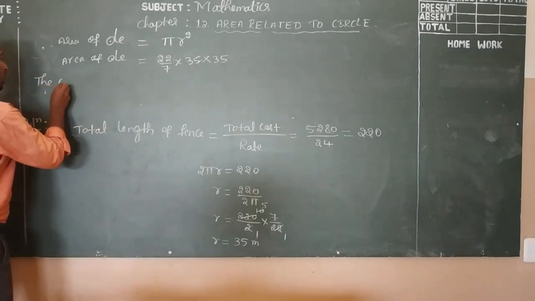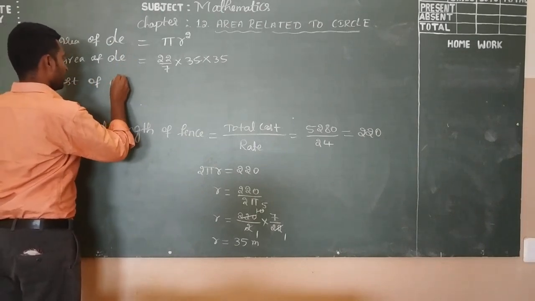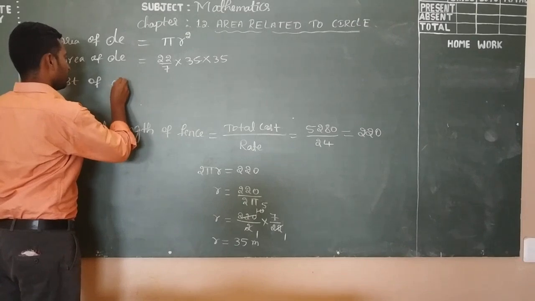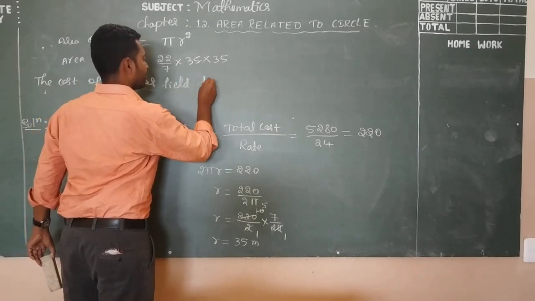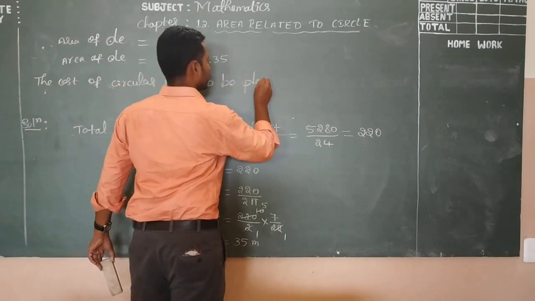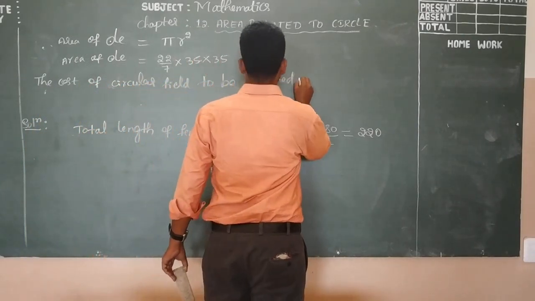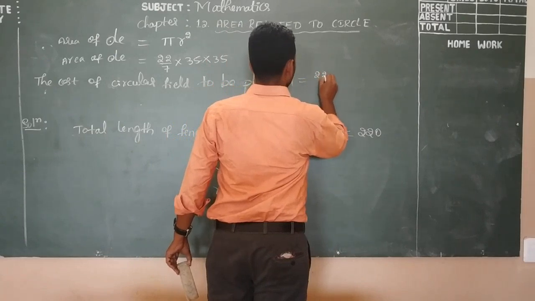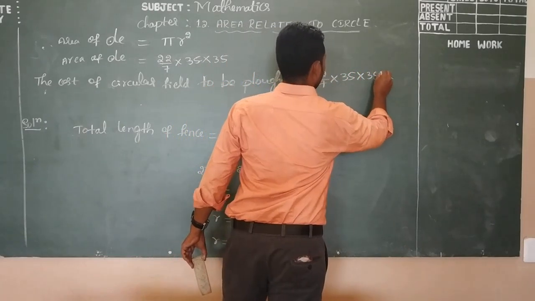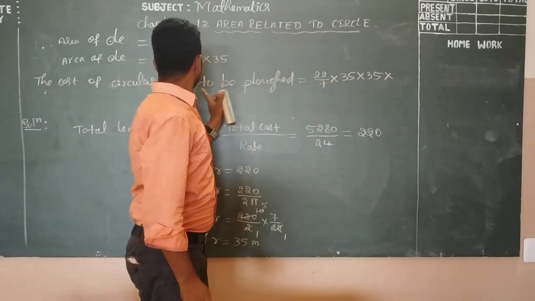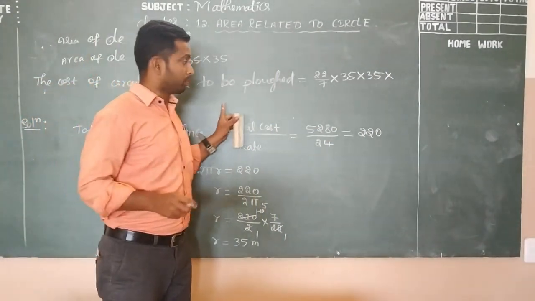The cost of ploughing the circular field equals 22 by 7 into 35 into 35, multiplied by 0.50 rupees per meter square.